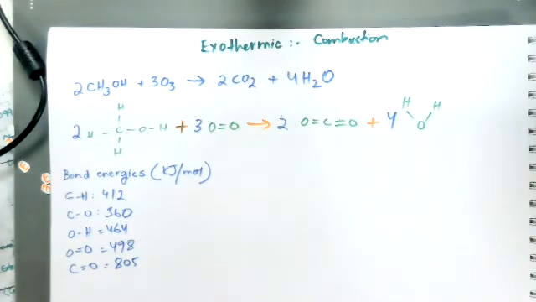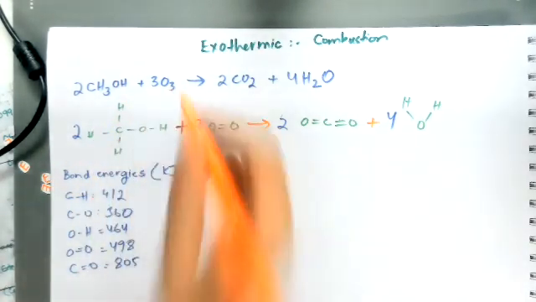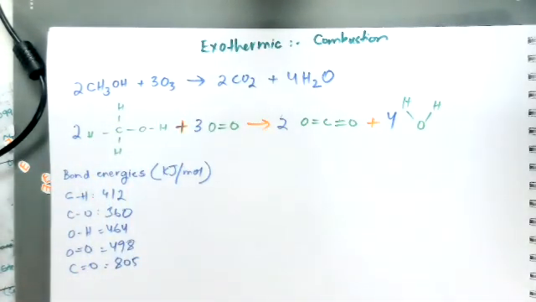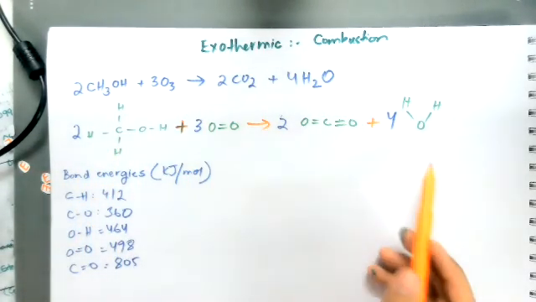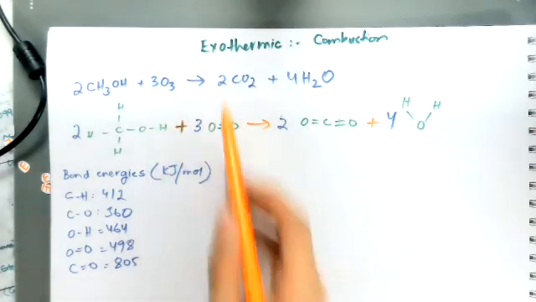This is methanol. Whenever there's OH in a hydrocarbon, its suffix would be -ol. It belongs to the alcohol family. I was mistaking it for the reaction in the book. So this is methanol reacting with oxygen, giving us carbon dioxide and water. So I have drawn out all of the molecules.